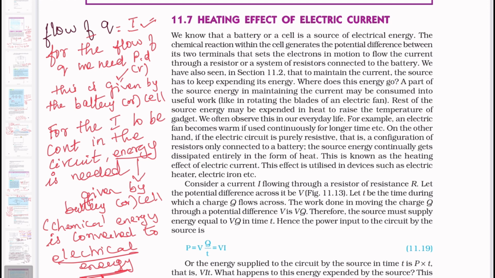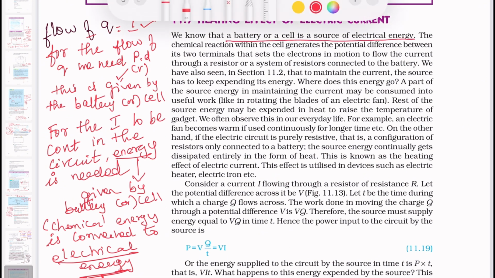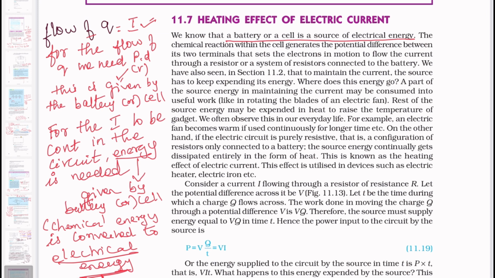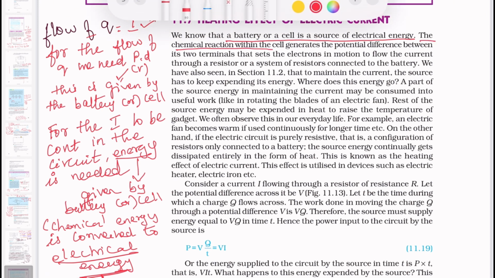You see, it says a battery or cell is a source of electrical energy. That is, here the chemical energy gets converted into electrical energy, followed by the chemical reaction within the cell, which generates the potential difference between two terminals and sets the electrons in motion to flow the current through a resistor or system of resistors connected to the battery.